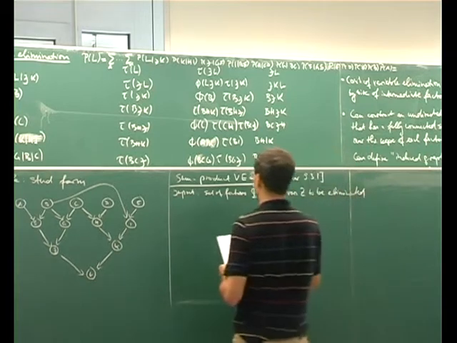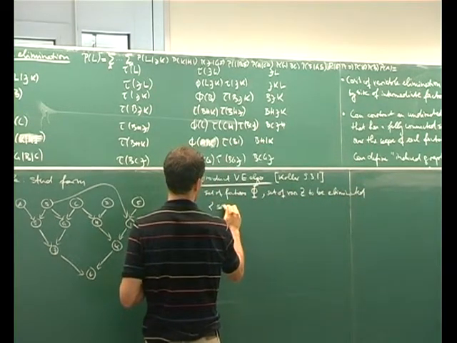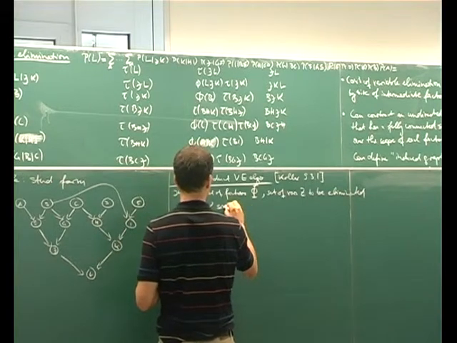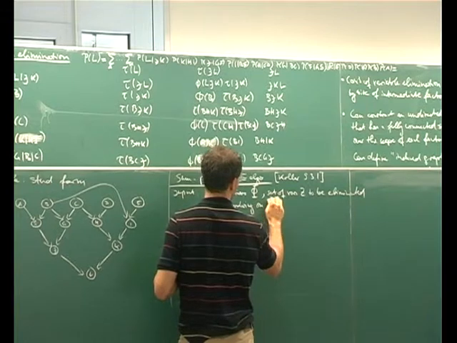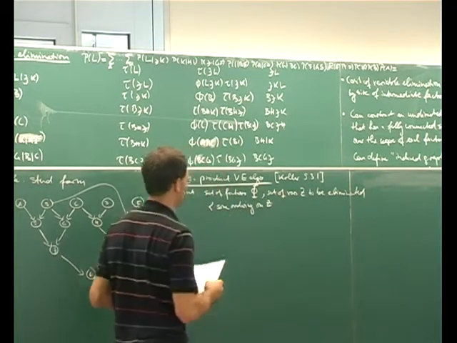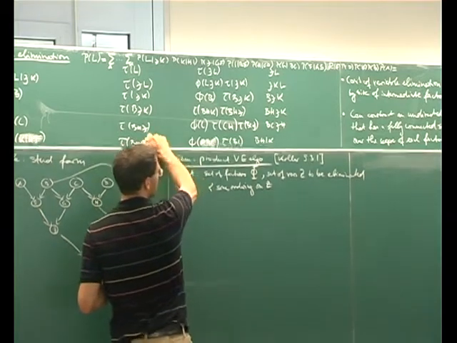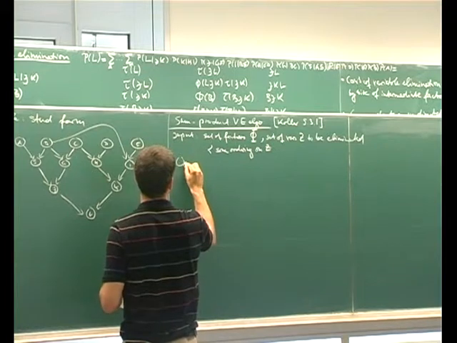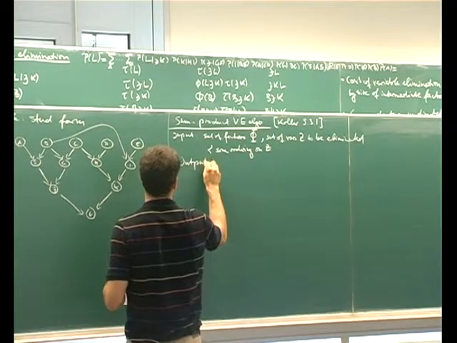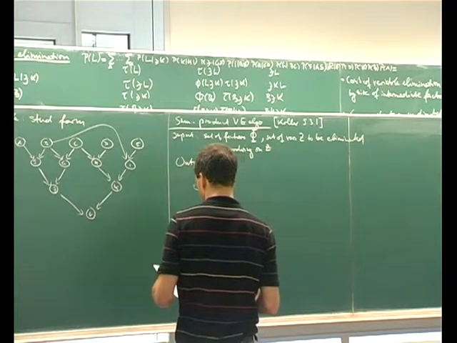And we have some ordering on this Z of variables that should be eliminated. For instance, this ordering will be given by the min-fill heuristic. And we produce the following output.